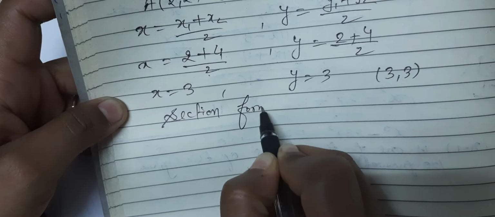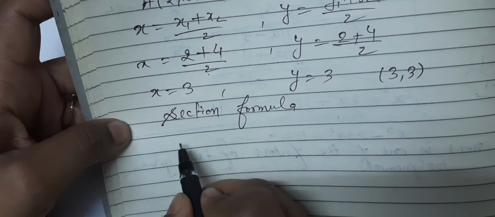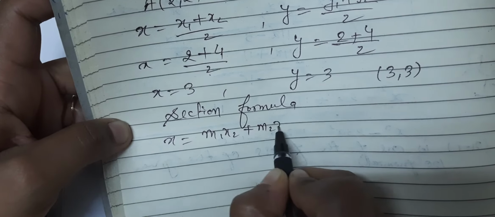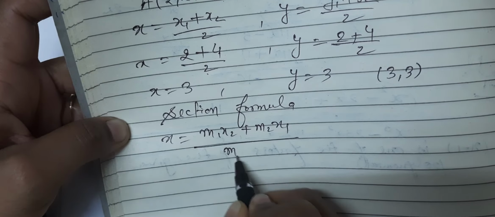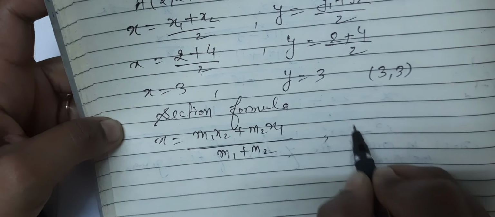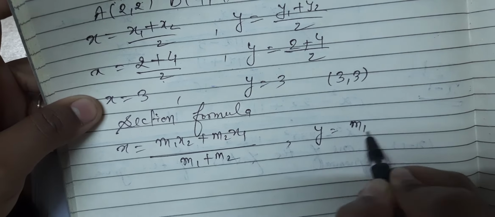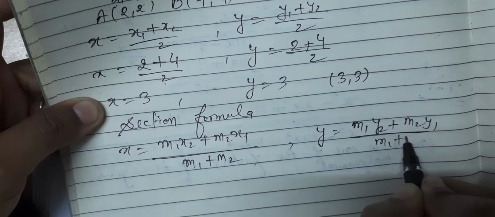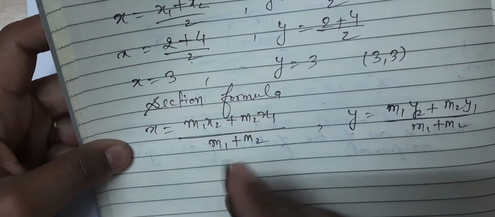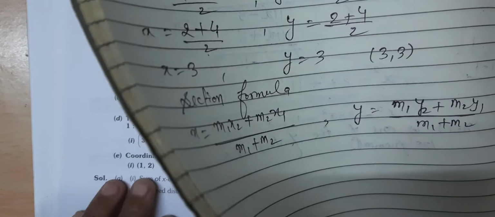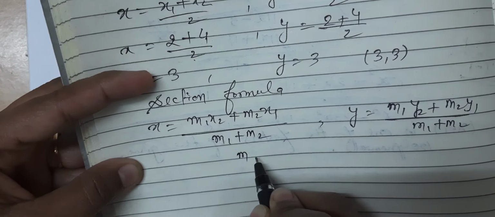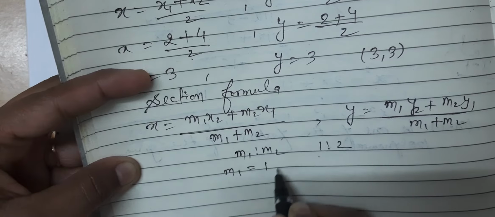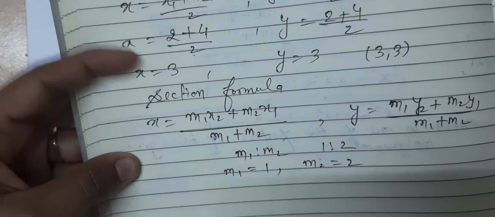The x coordinate is (m1 x2 plus m2 x1) upon (m1 plus m2), and the y coordinate is (m1 y2 plus m2 y1) upon (m1 plus m2). This m1 is to m2 is the ratio. Here the ratio is given as 1:2. It means the value of m1 is 1 and the value of m2 is 2.